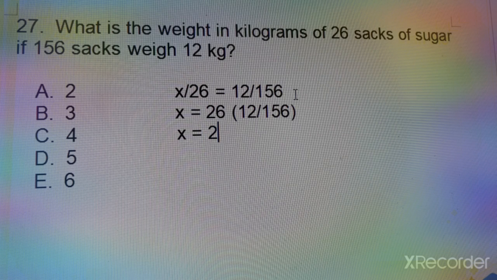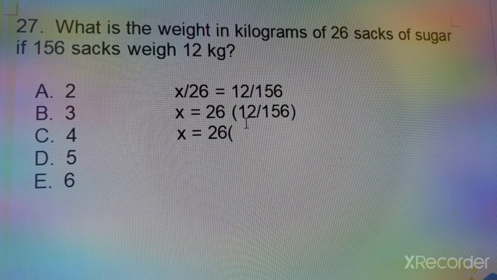So 12 divided by 12 is 1, and 156 divided by 12 is 13, since 12 times 12 is 144, plus 12, the 13th 12, makes 156.